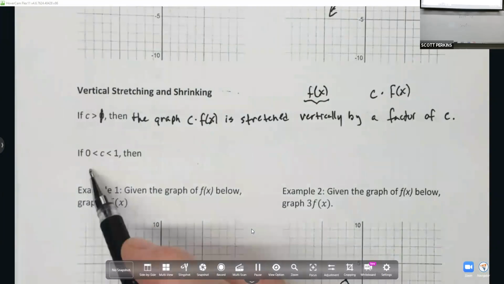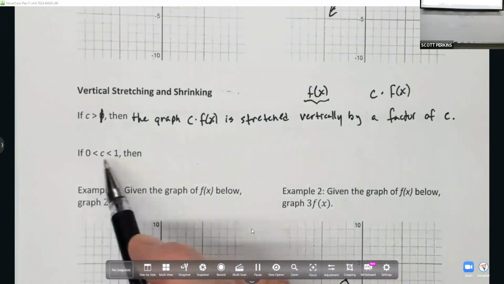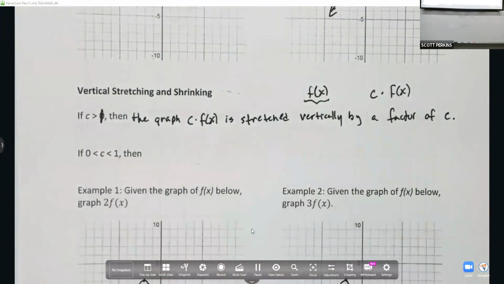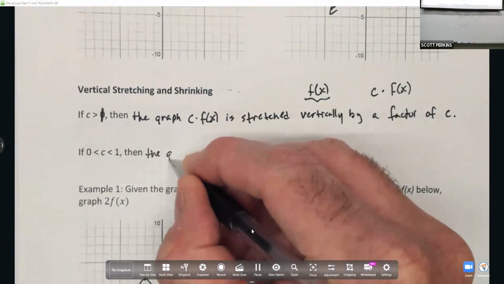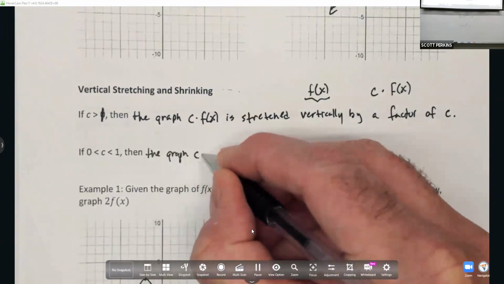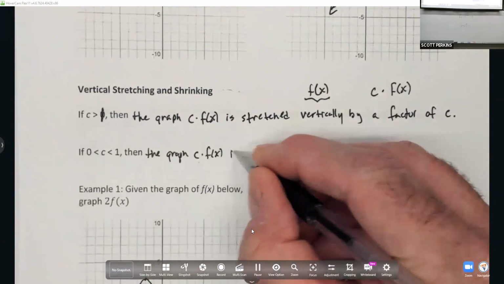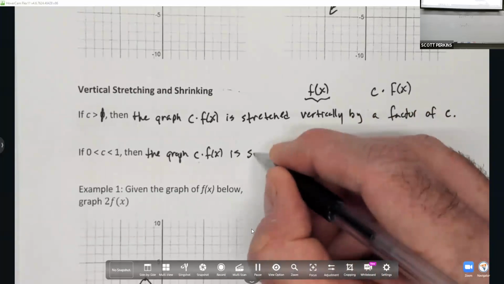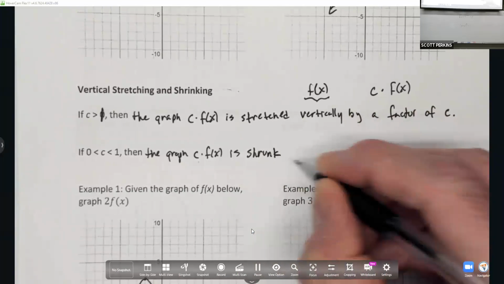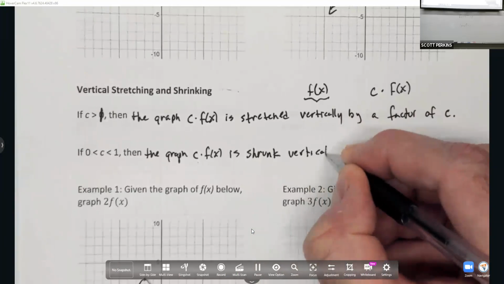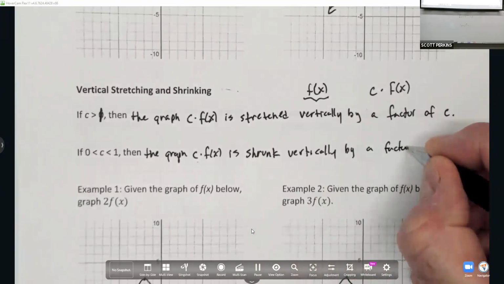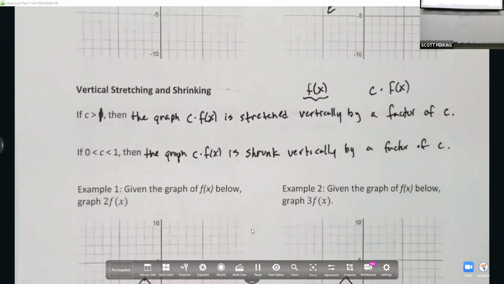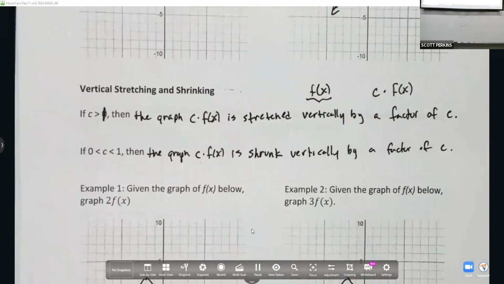So if you do the same thing, if c is between 0 and 1, meaning it's fractional, a number like a half or 2/3 or 0.1, then the graph c times f of x is shrunk or compressed by a factor of c.